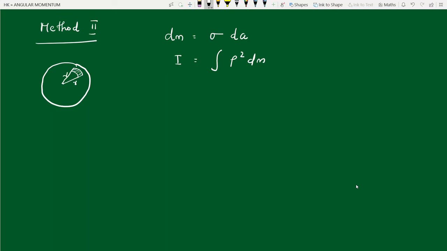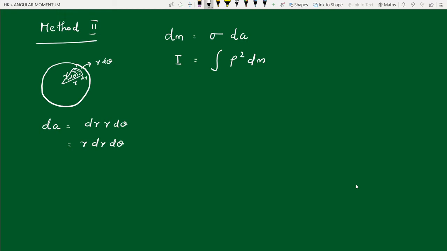So how do we express this elemental area in terms of polar coordinates? This elemental area comes when the radial distance r changes by dr and the angle changes by d theta. So this side is dr and this side is r d theta. So the elemental area in polar coordinates is dA equal to dr into r d theta, that is r dr d theta.